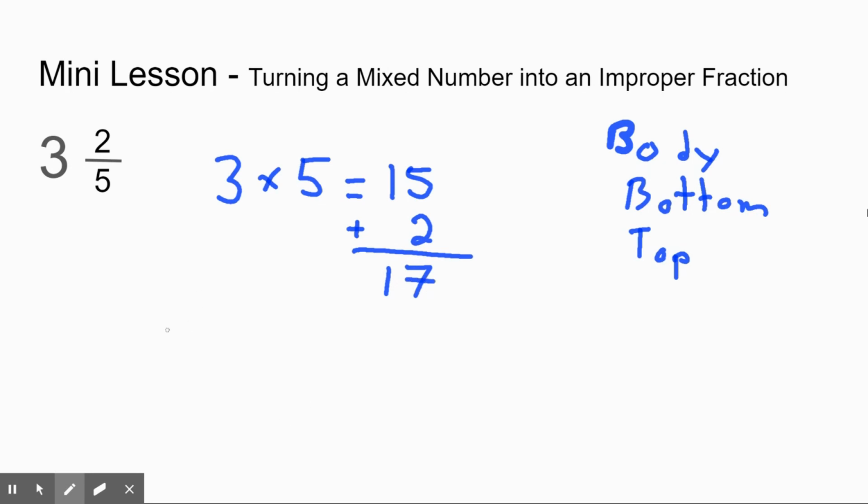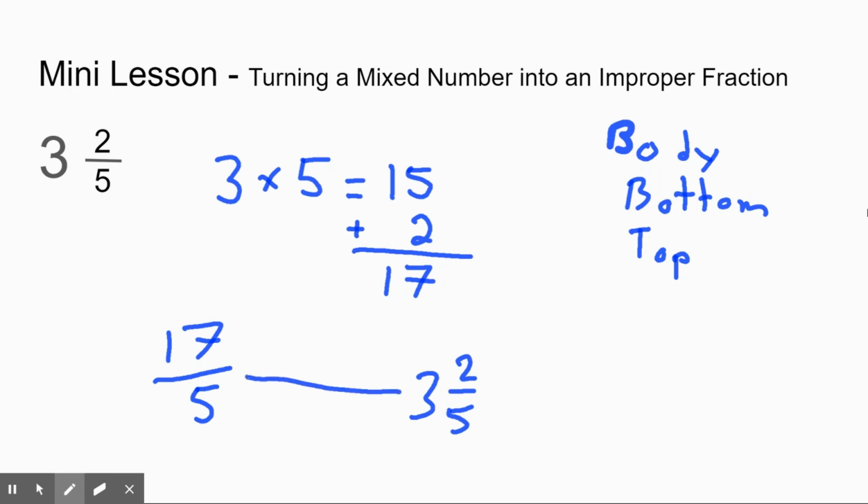And then we just rewrite our fraction. So we have 17 over 5, 17 fifths. This makes sense if you think about it, because how many times does 5 go into 17? It's going to go in 3 times, which would be 15, and then there would be 2 left over. So we end up back with our mixed number.